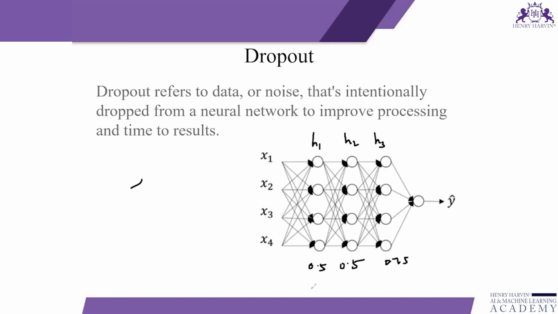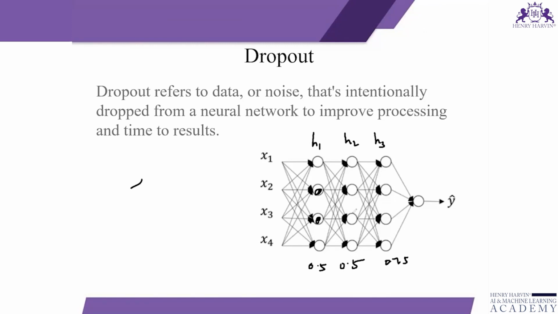Randomly, as if you toss a coin, some nodes are chosen to stay open and some have been switched off, because the probability I have given is 0.5, 0.5, and 0.75.